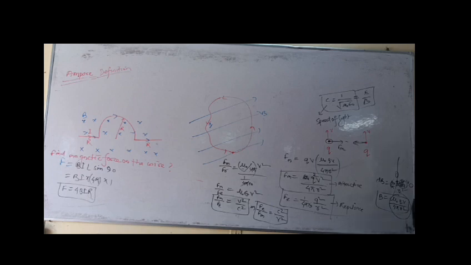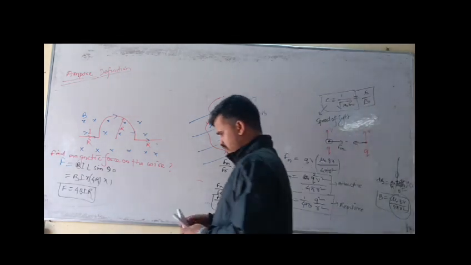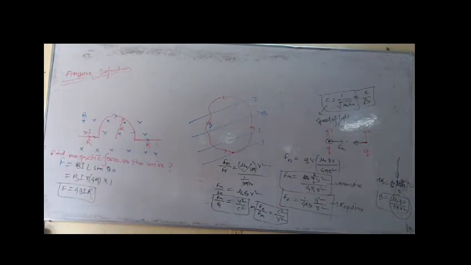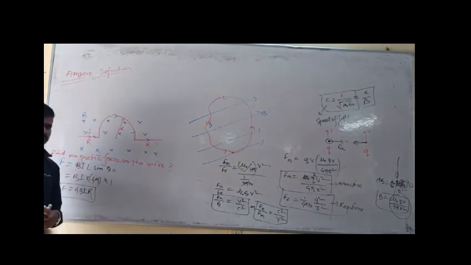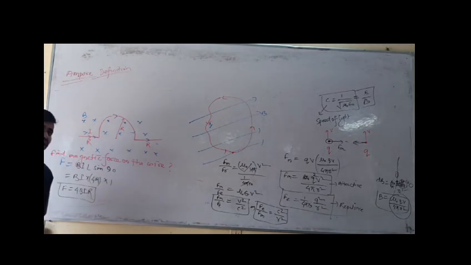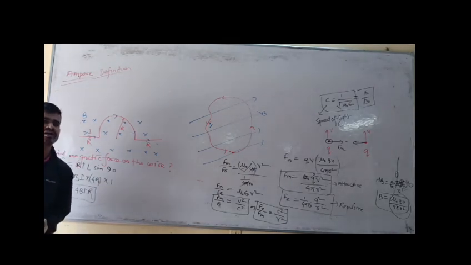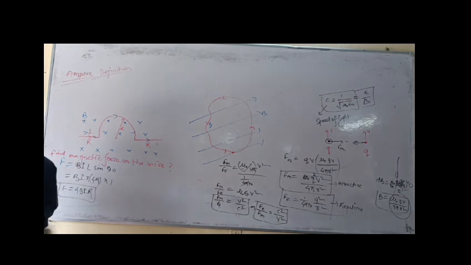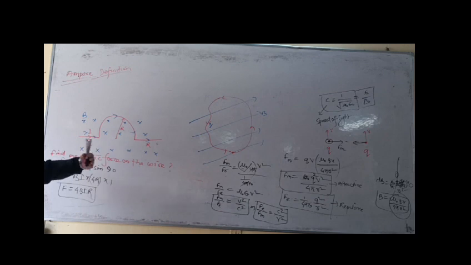What will be the direction? Tell me. It is also important. Outward or upward? Upward will be there, not outward. Outward is the wrong answer. Outward means away from the plane.